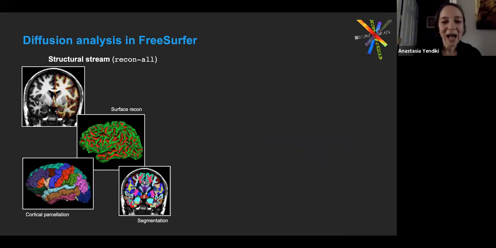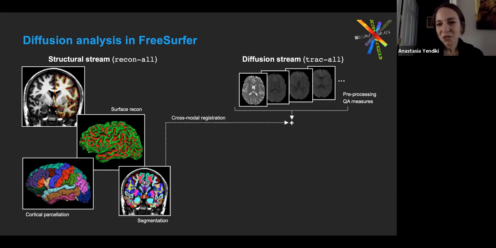So I am a member of the FreeSurfer development team. And specifically, I work on the diffusion analysis component in FreeSurfer. So you probably know the structural stream in FreeSurfer, recon-all, which allows you to process T1 weighted images, reconstruct surfaces, perform cortical parcellation, and whole brain segmentation. With the diffusion stream, we perform pre-processing of the diffusion weighted images.